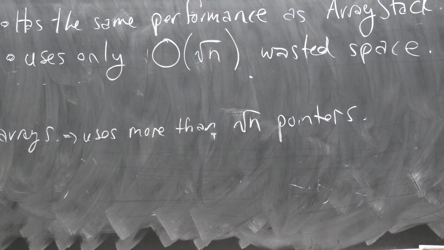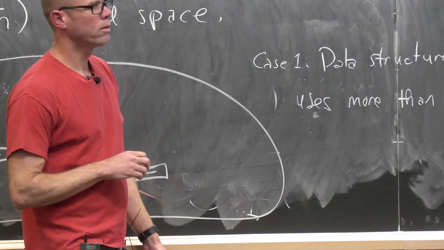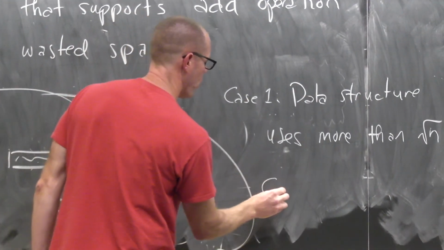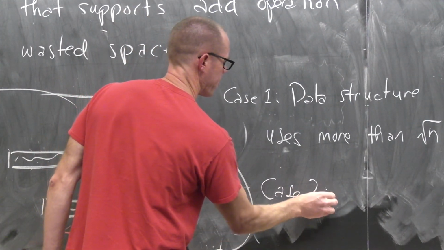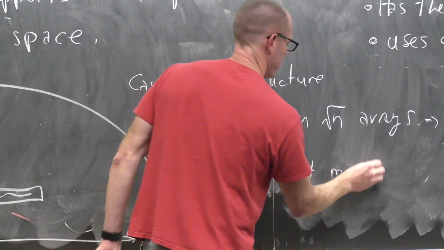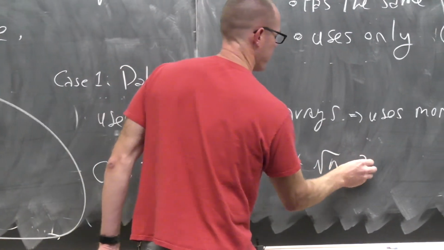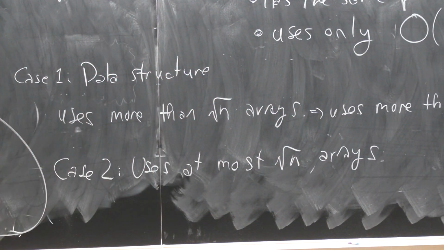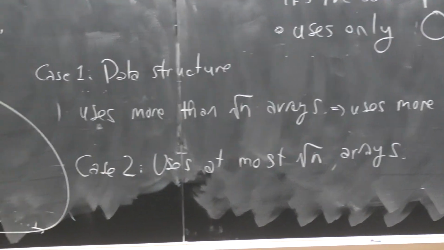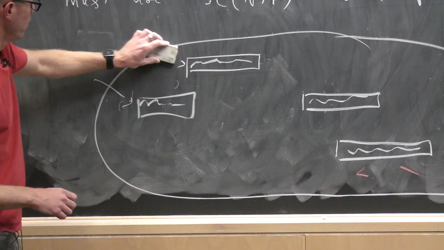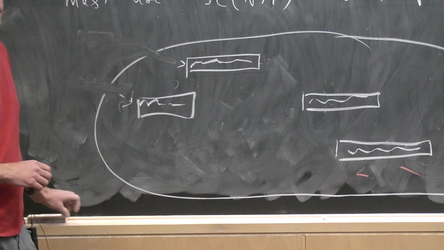So if that's case 1, what do you think case 2 is? Case 2 is it uses at most square root n arrays. Okay. So not very many arrays. So not too many pointers.